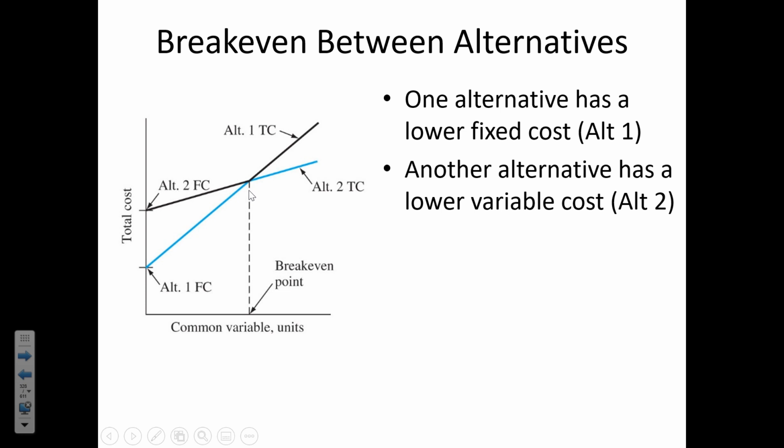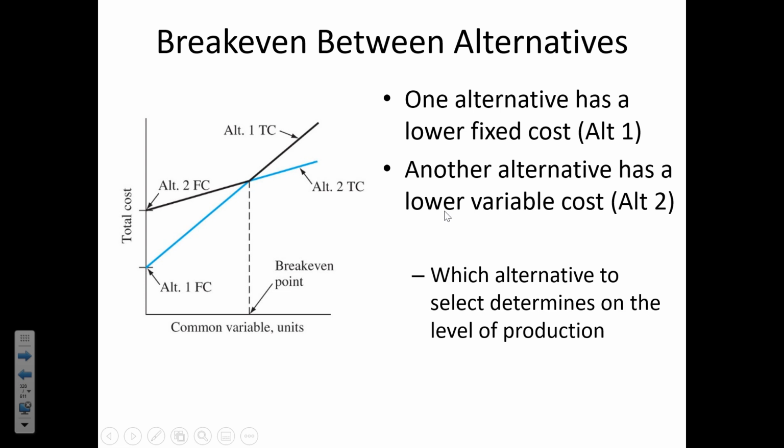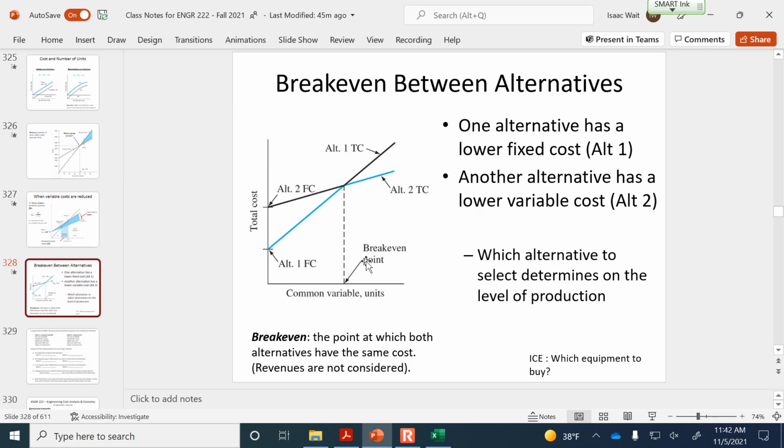So what this is illustrating is that alternative 2 is more expensive at low units of production, but alternative 1 becomes more expensive once we get beyond that break-even point. So that's what today's in-class exercise is focused on: which alternative to select based on what level of production is being undertaken.